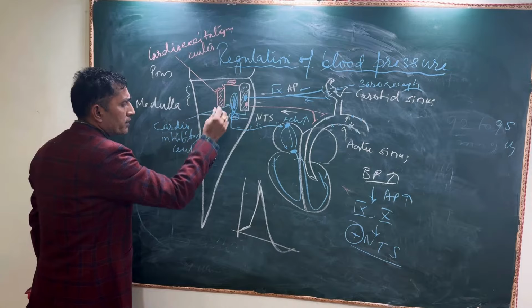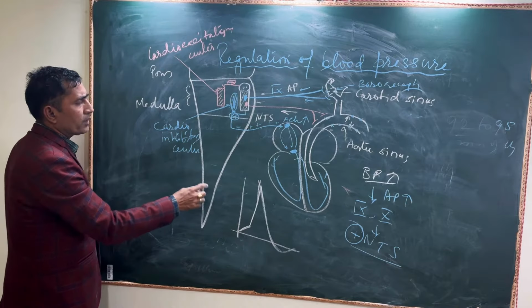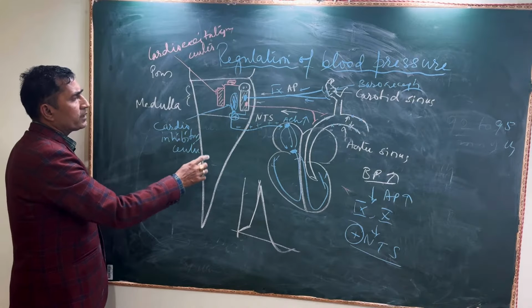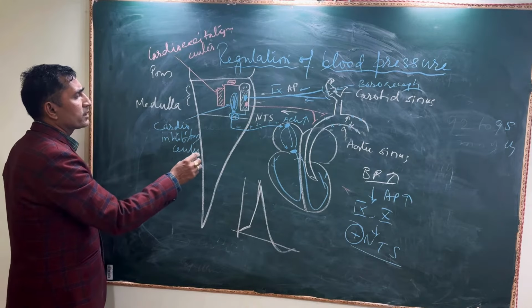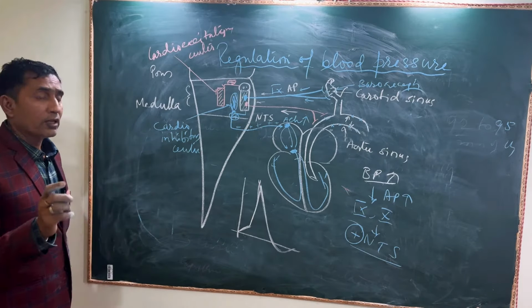Once it is inhibited, then as we all know, we have the sympathetic center. Sympathetic center is located in the thoracolumbar region. So here, say this is the thoracolumbar region, in this we have the first 4 segments which can supply to the heart.